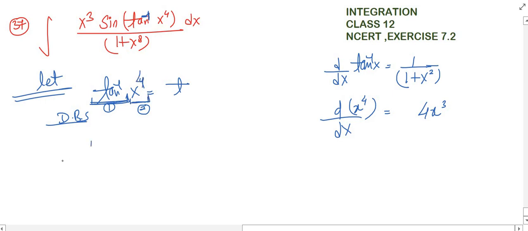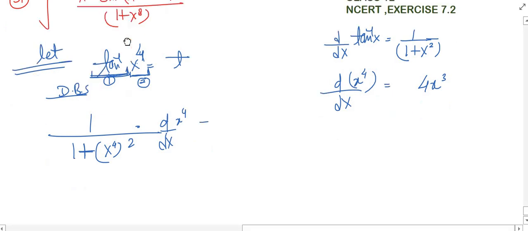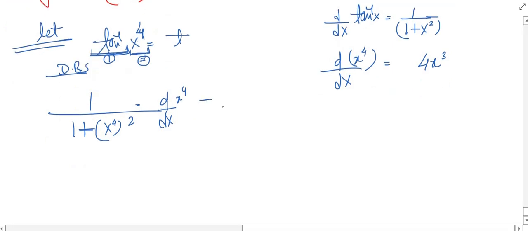Let me do. So derivative of tan inverse क्या होगा? 1 by 1 plus whatever is here, square of this, into derivative of, by chain rule, derivative of x raised to power 4, correct, is equal to dt.